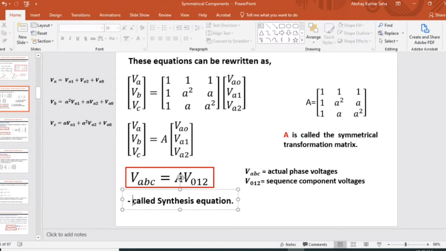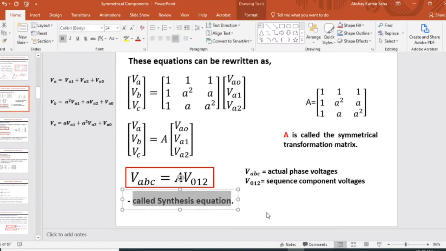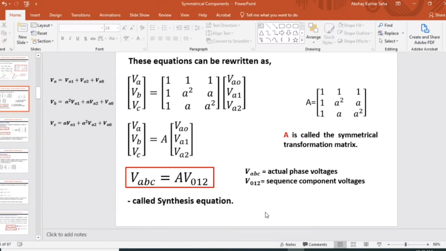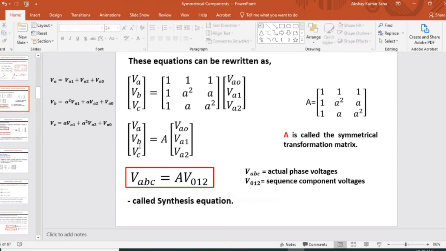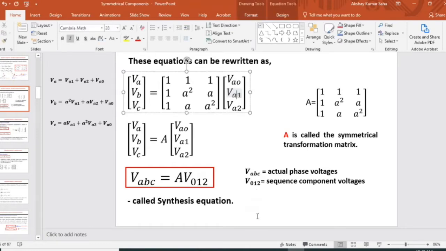This is called the synthesis equation. There is another equation coming, which is called the analysis equation. This is the synthesis equation because it synthesizes the voltages using the sequence component voltages, which are VA0, VA1, and VA2.